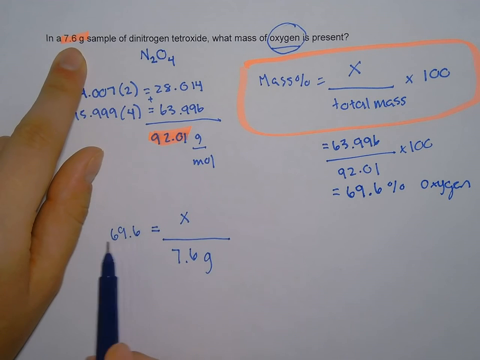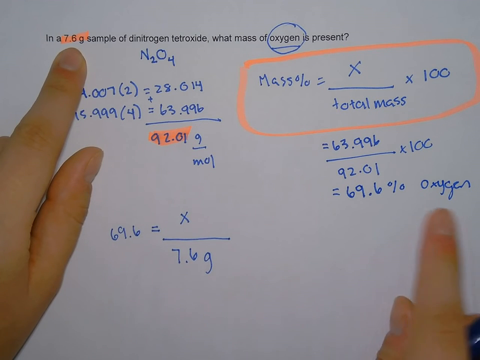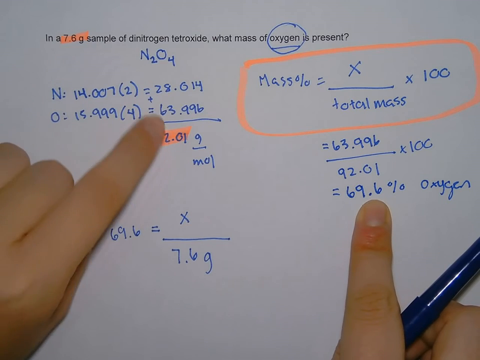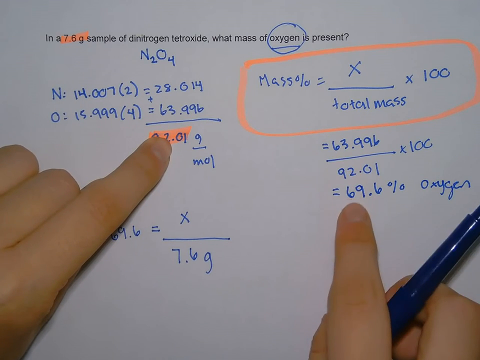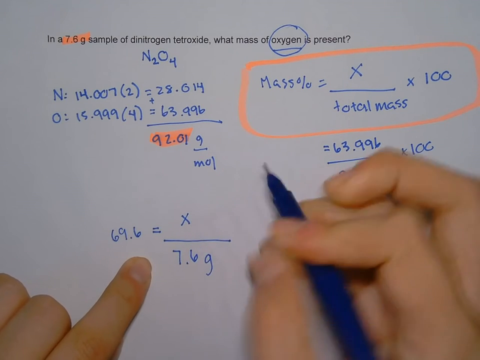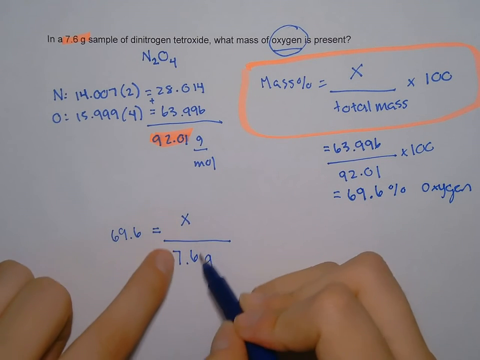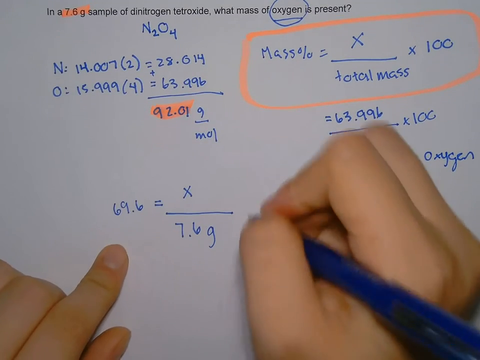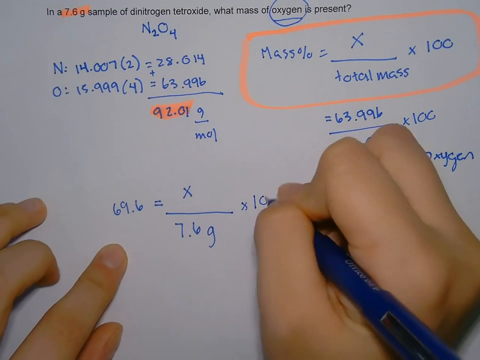I found the percent by doing this thing, right? So 69.6%. And my X, the one that I'm trying to find, is the mass of oxygen within this sample, right? So then obviously times 100.